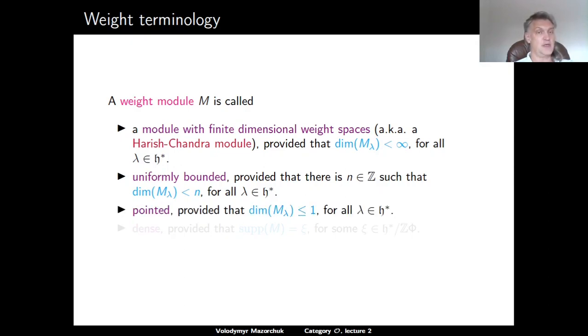A weight module is called pointed if all weight spaces of this module are at most one-dimensional. And the weight module is called dense, provided that the support of this module is maximal possible, that is, coincides with some coset of H star modulo the additive subgroup generated by all roots.